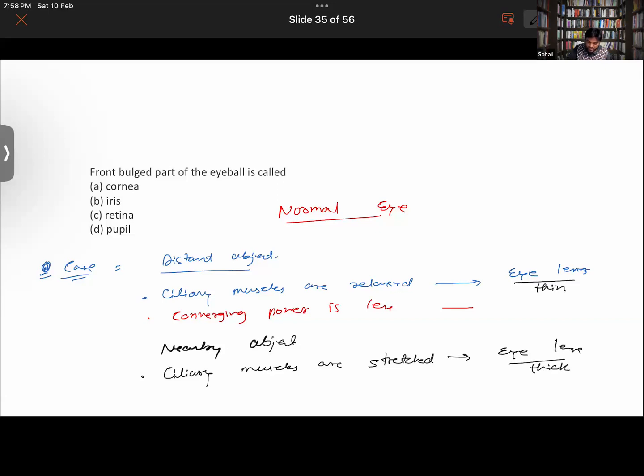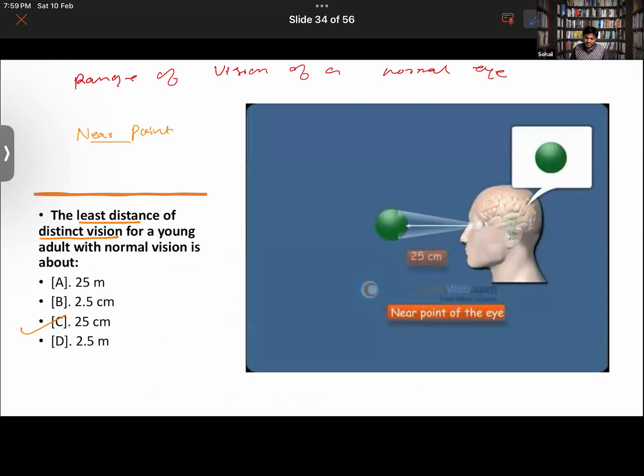And remember what I told you moments ago? If the eye lens becomes thicker, the converging power increases. So converging power is more, and hence in this manner the image will be focused on the retina. You can understand this also.